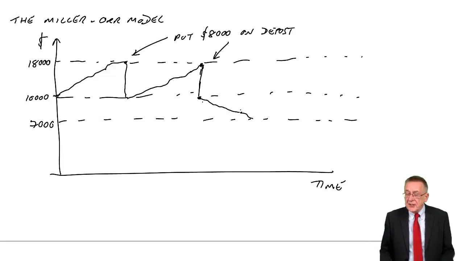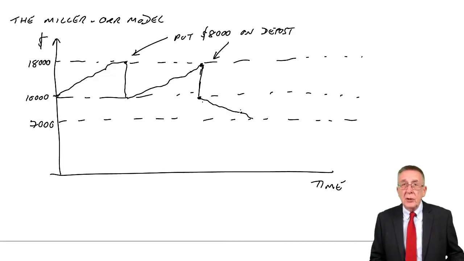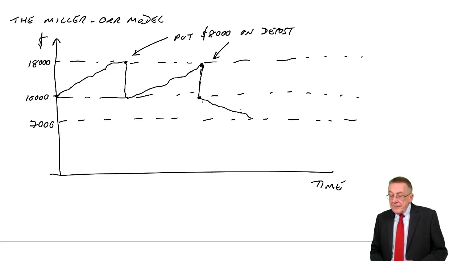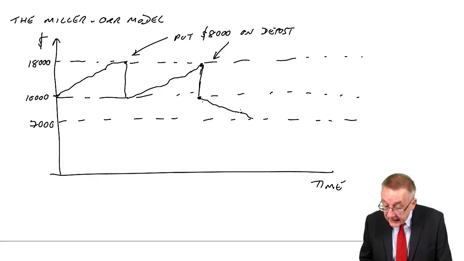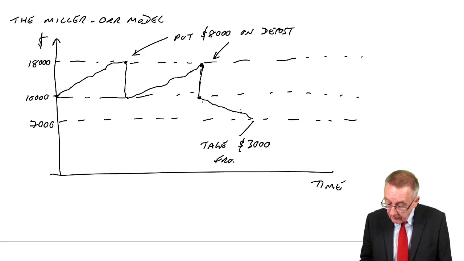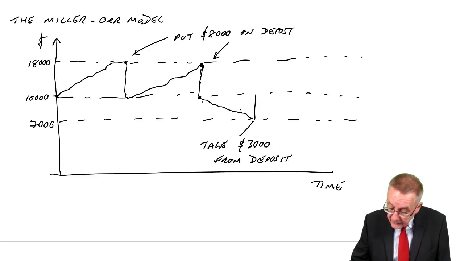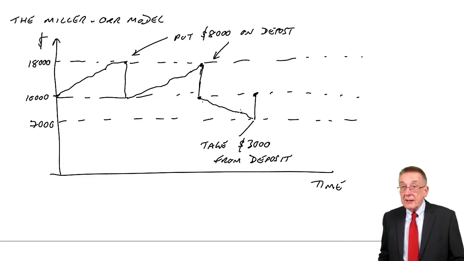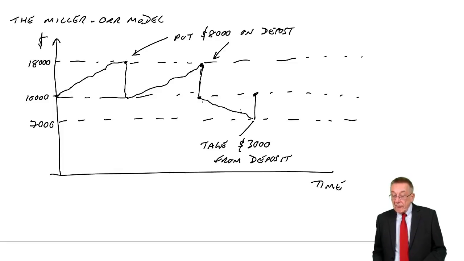I've done my cash budgets and I reckon we've got to have at least 7 all the time. And so as soon as it drops to 7, then I'll take money back from deposit. I'll take 3,000 from deposit, so that it goes back to 10,000. And we carry on like that.